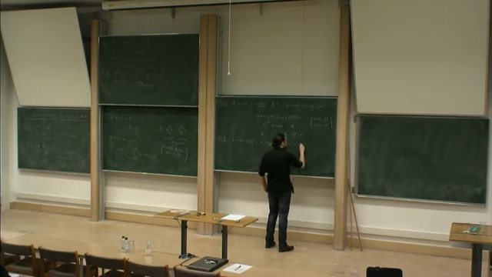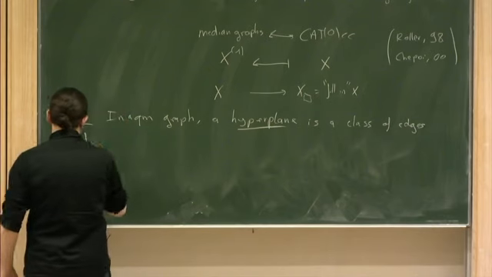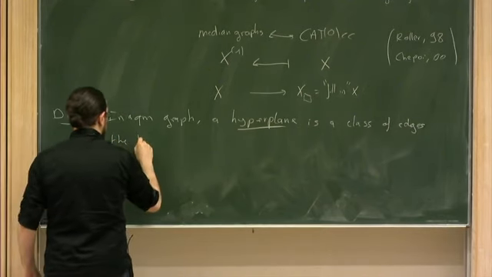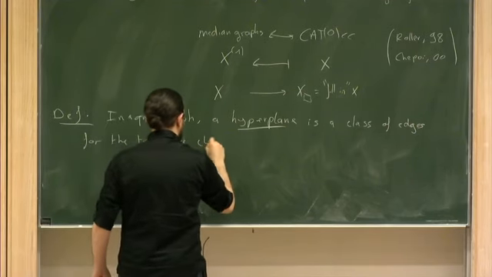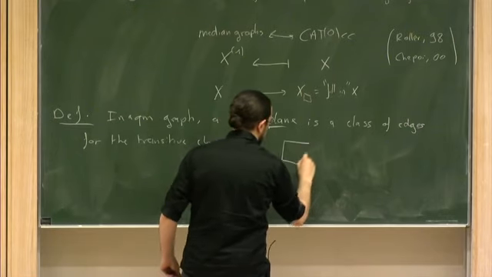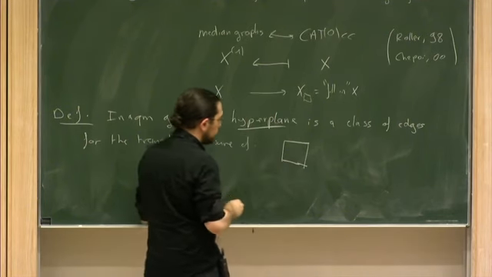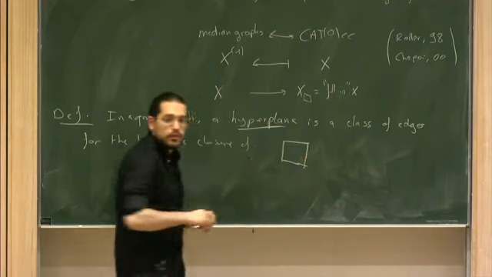is a class of edges for the transitive closure of the following relation. So if you have a square, you say that the two opposite edges are equivalent.